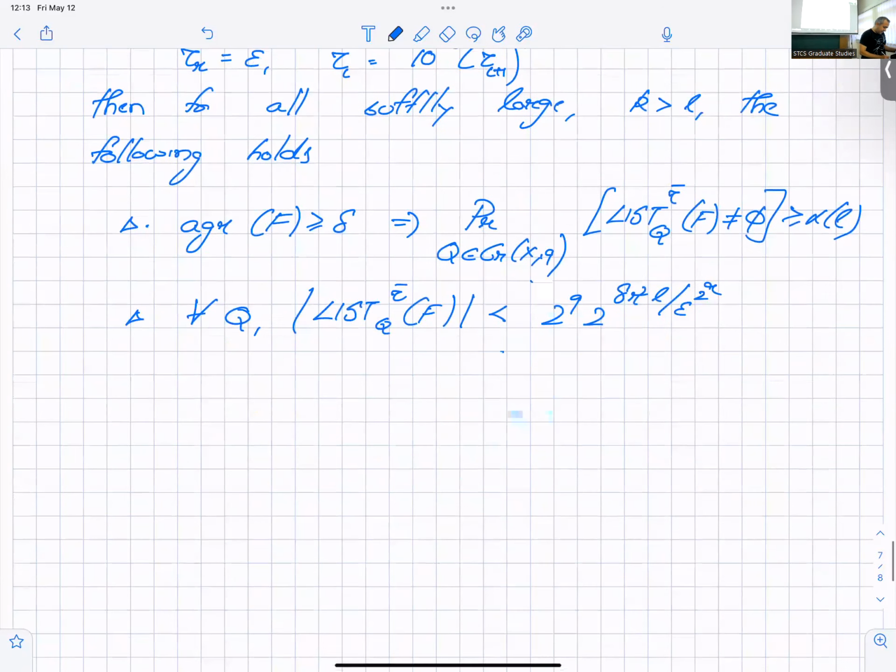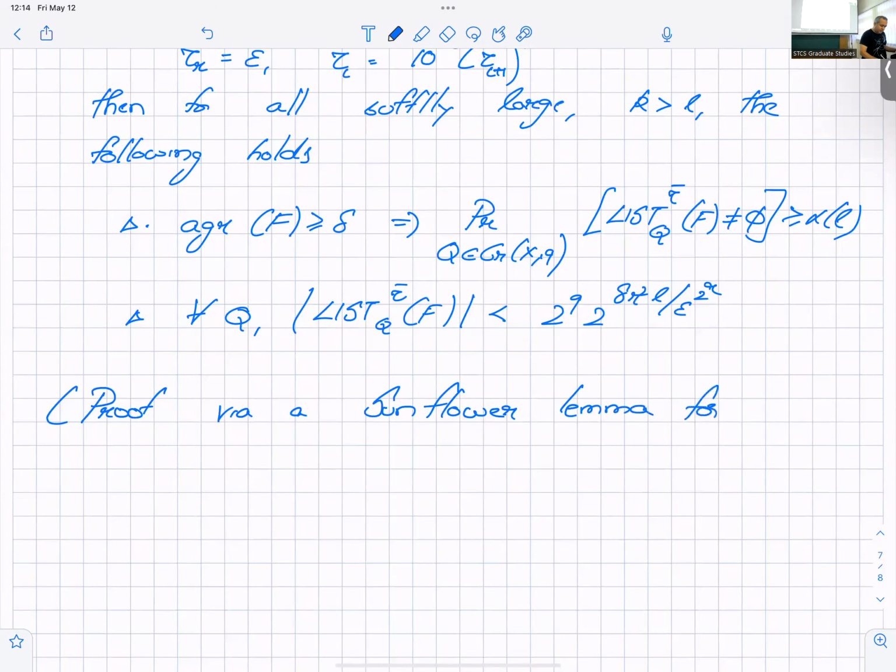Then the proof is via the sunflower lemma for subspaces.